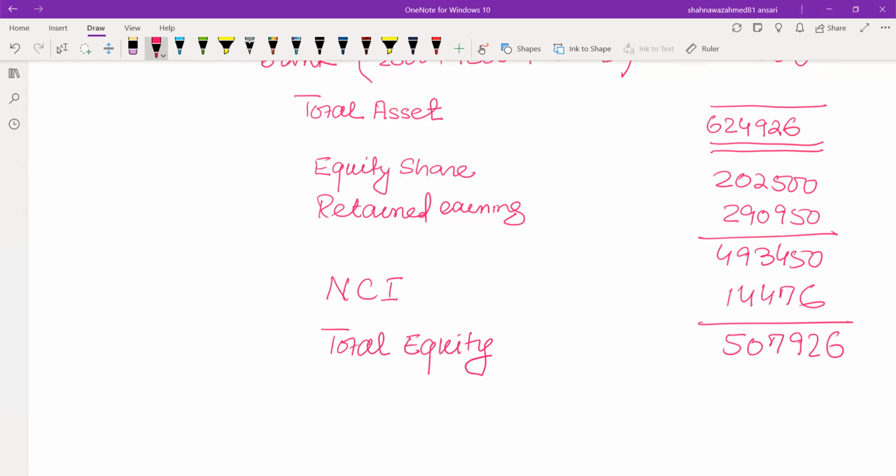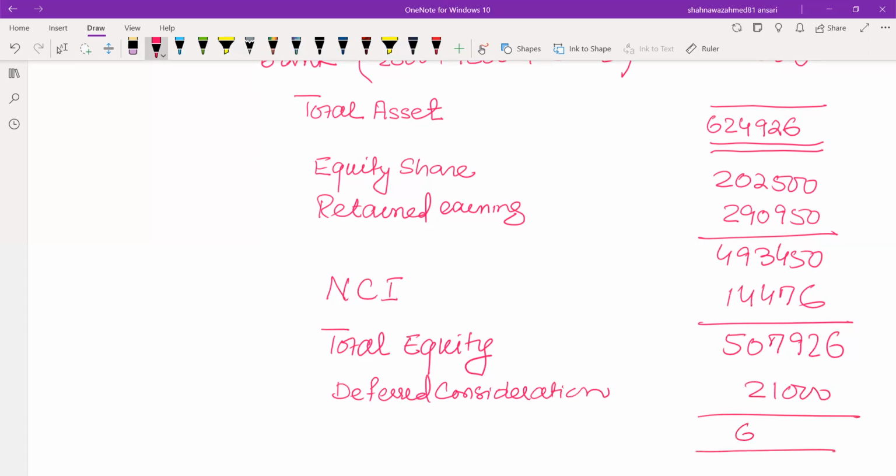Now, after this, we have to show the liabilities. There is only one liability, that is deferred consideration. And we have to show this in current liability, as we have to pay within 1 year, and that is 21,000. So final value is, okay, there is one more item in there, that is current liability given, that is trade payables.